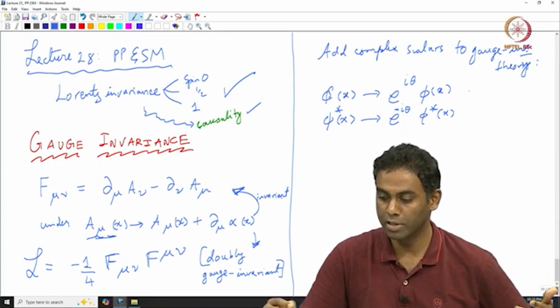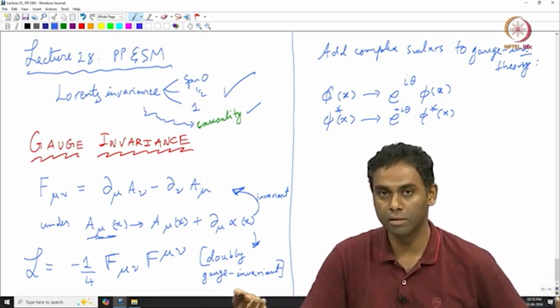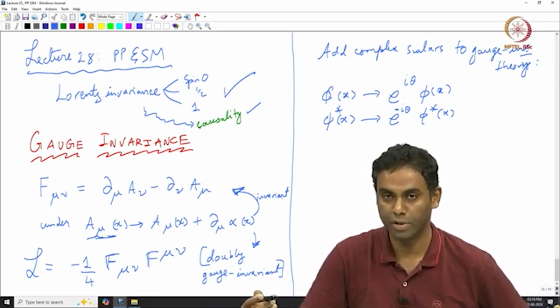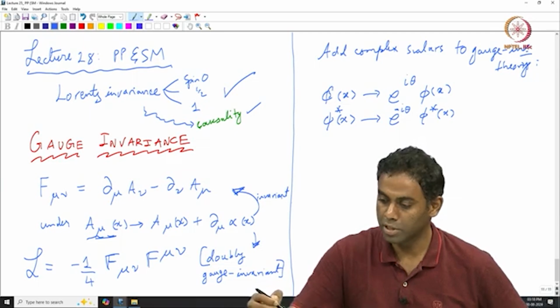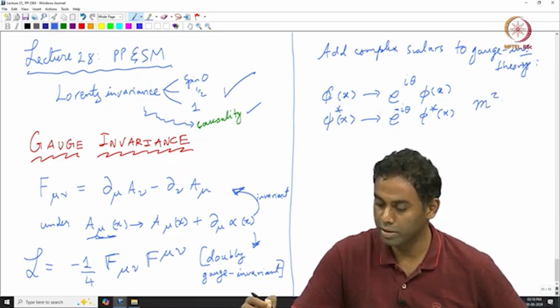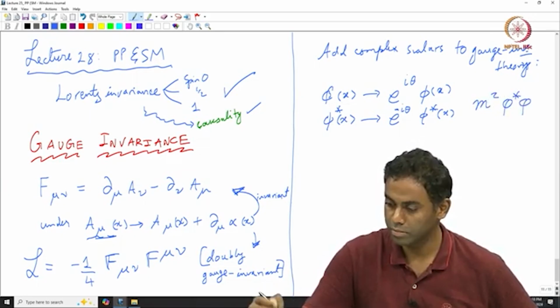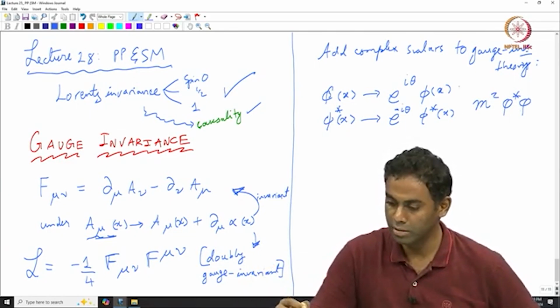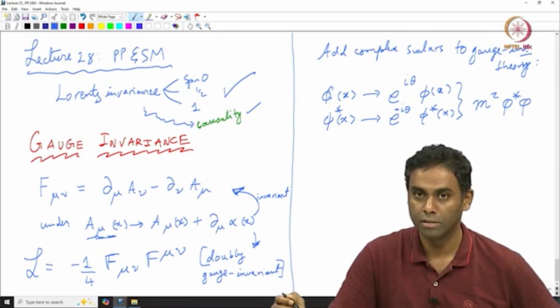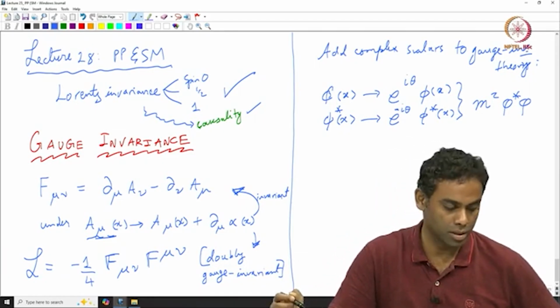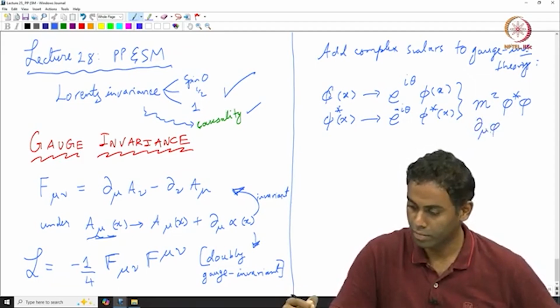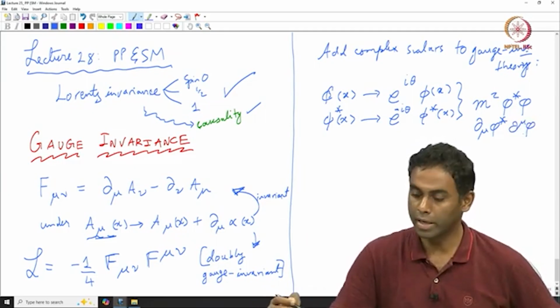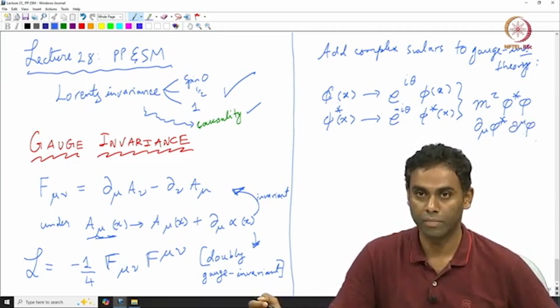And if a theory is invariant under that, then there is a global symmetry in the theory, correct. And of course, the theory can be invariant under that because we can write the mass term like this, which manifestly respects the symmetry. We can also write down the kinetic term this way, again it manifestly respects the symmetry, right.